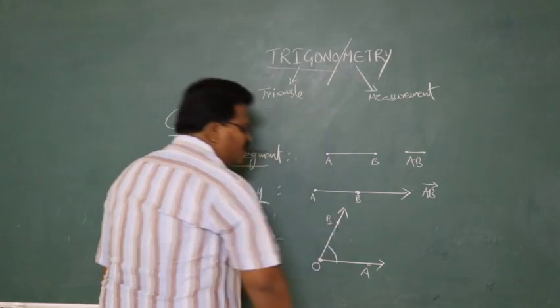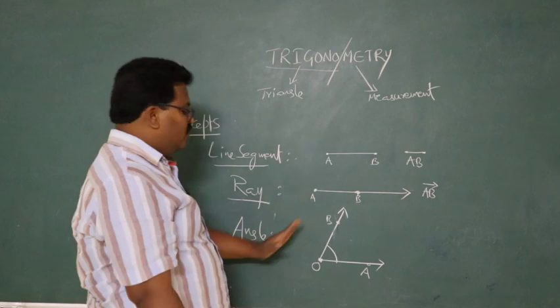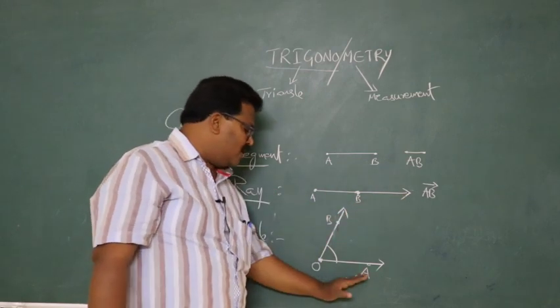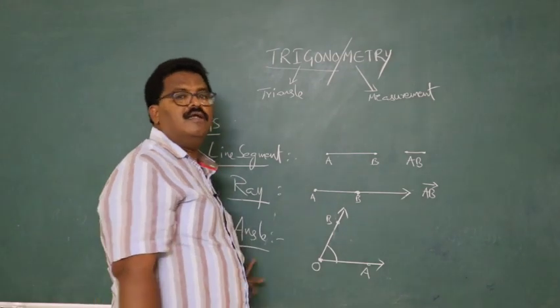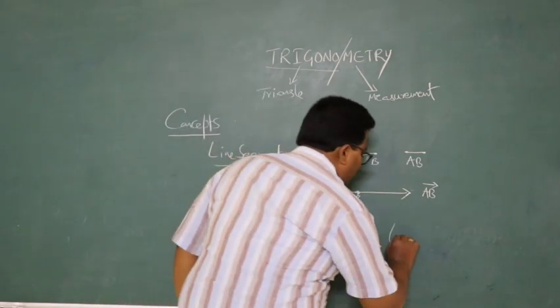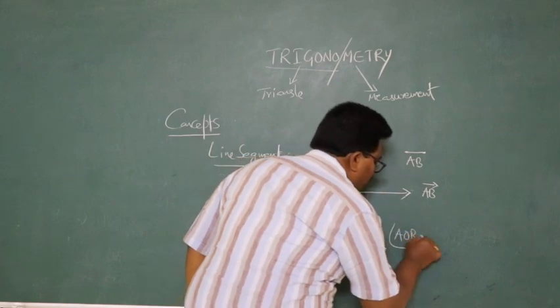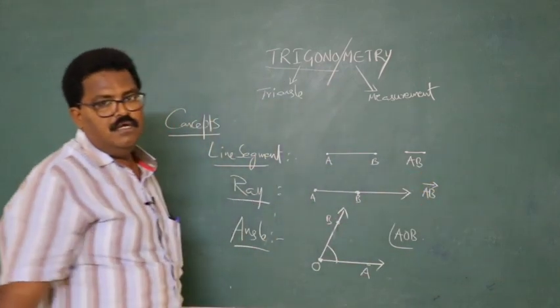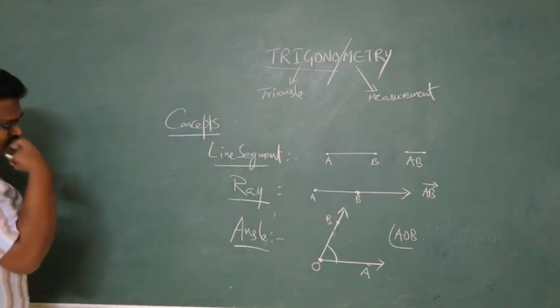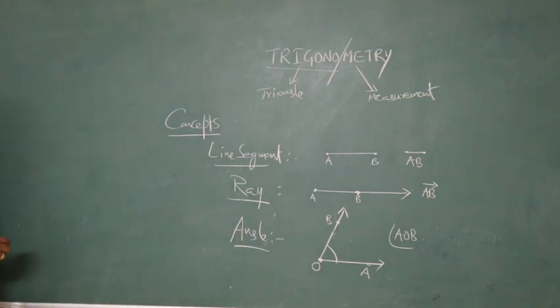The union of the 2 rays, this is meant by the ray. So, if you take the 2 rays having a common end point, this is called an angle. This is denoted by angle AOB. Okay, clear?